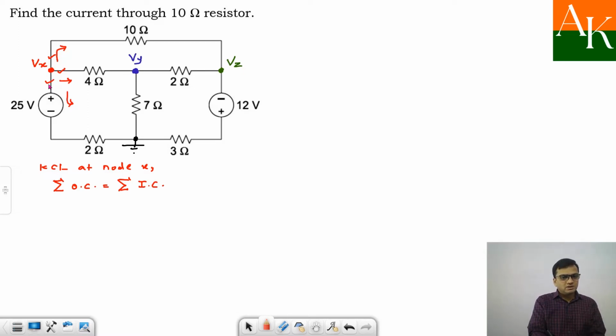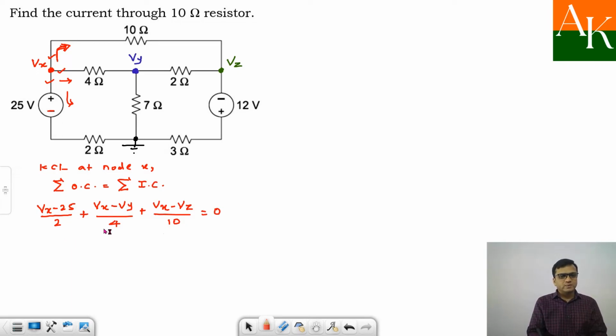So the downward current can be written as Vx minus 25, as you progress, and you have to reach up to the reference node, so minus 0, divided by 2, plus the rightward current can be written as (Vx minus Vy) by 4, and the upward current can be written as (Vx minus Vz) by 10, and there are no incoming currents, that is equal to 0.